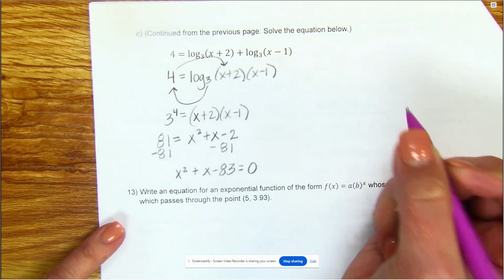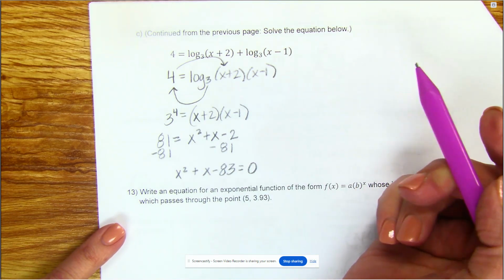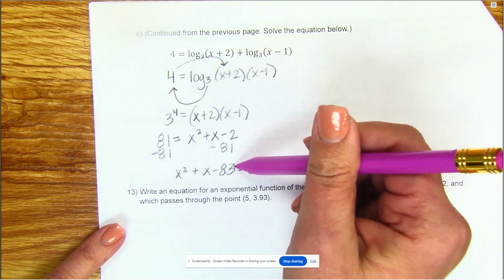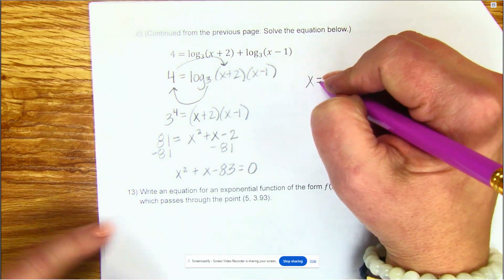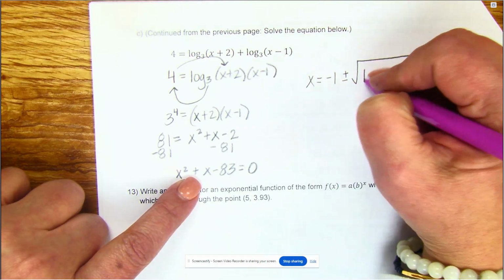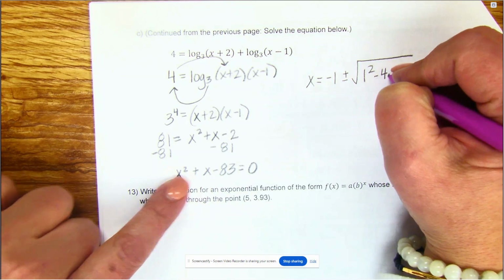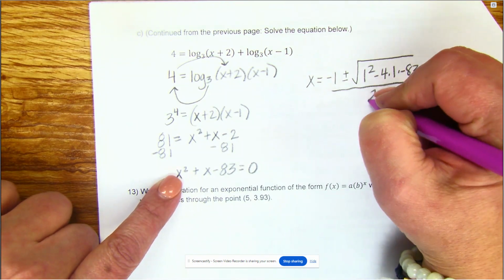I'm solving this. I have to say what x can equal to make this true. I could try to factor it, doesn't look hopeful. I'm going to do the quadratic formula. x equals negative b plus or minus the square root of b squared minus 4 times a times c, all over 2a.